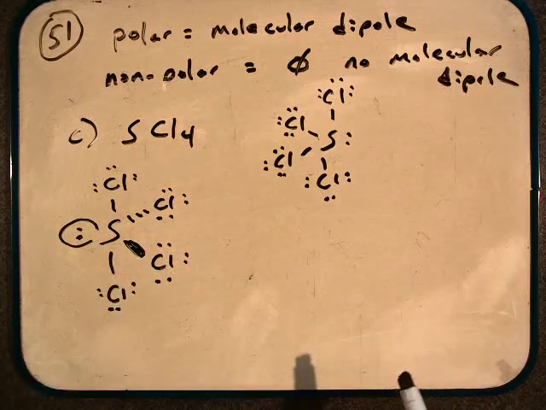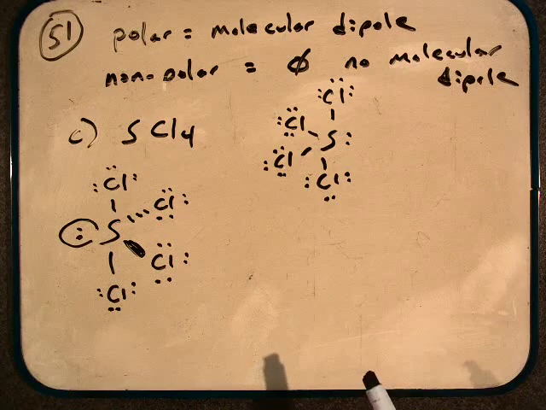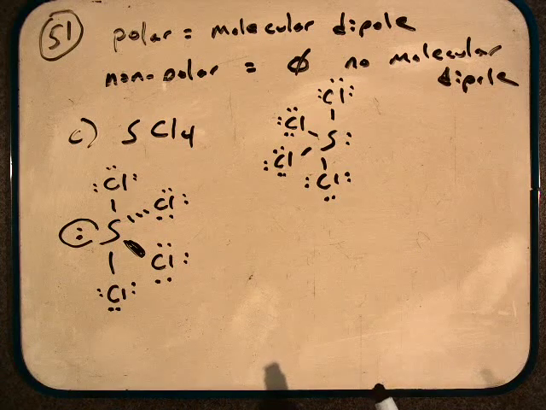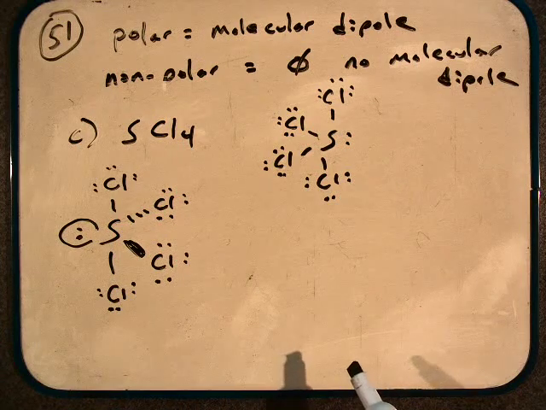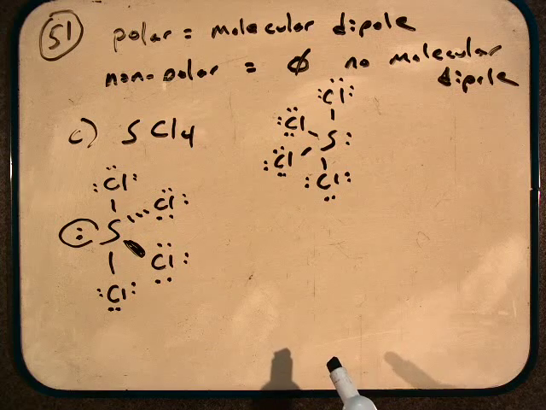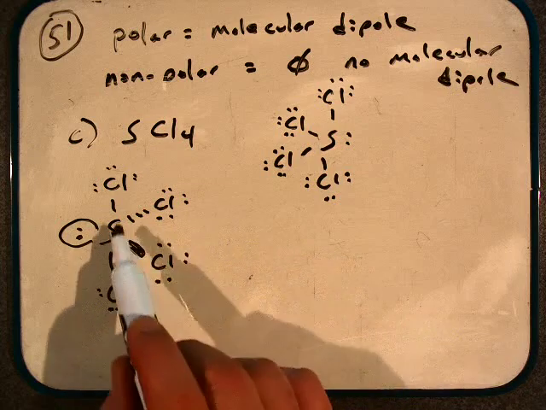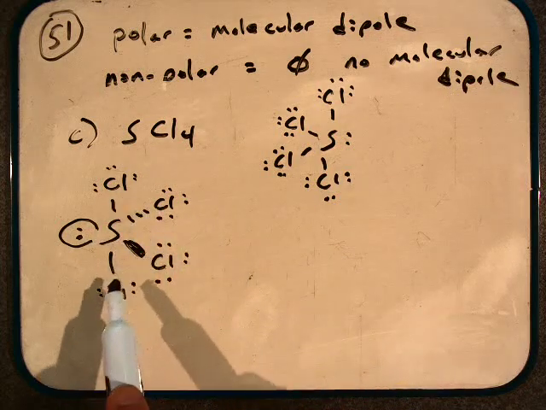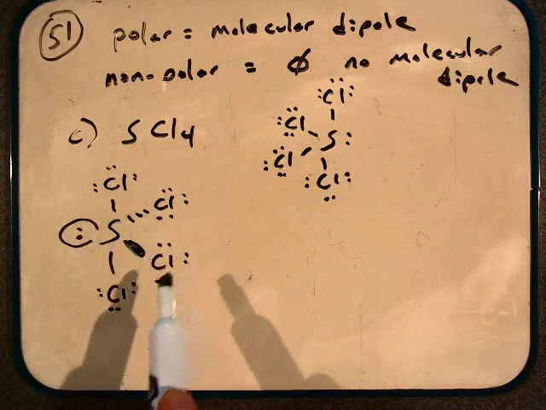for the sulfur tetrachloride. This is a seesaw if we look at the molecular geometry, and so as far as whether it has a molecular dipole or not, we see that it has 4 bond dipoles, each along the sulfur-chlorine bond.